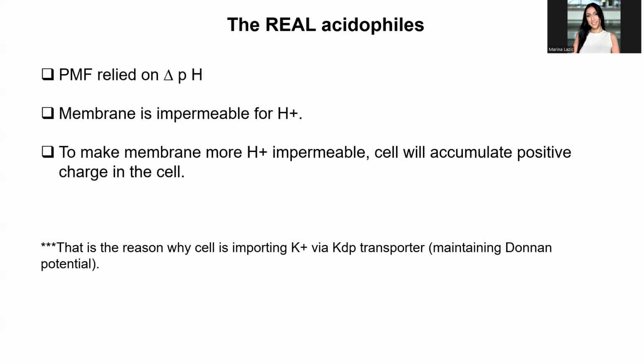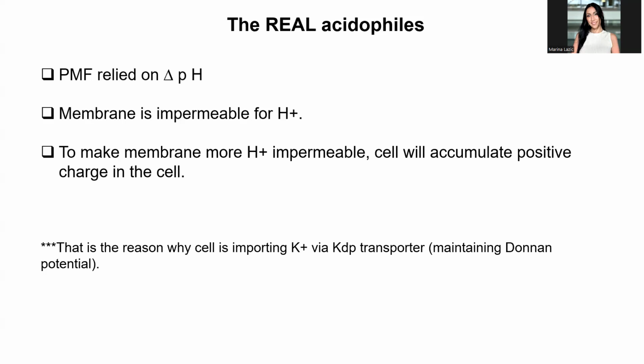You remember we talked about the KdpFABC transporter, which imports potassium and gets phosphorylated, and has two components. The KDP transporter that we talked about in unit 3 is now going to be very phosphorylated to import potassium, because it has to maintain that internal positive charge called the Donnan potential.